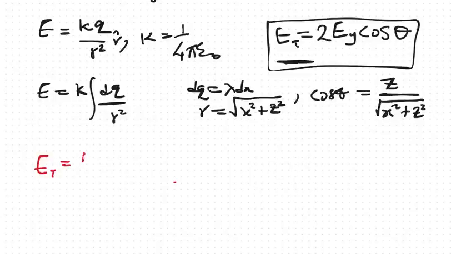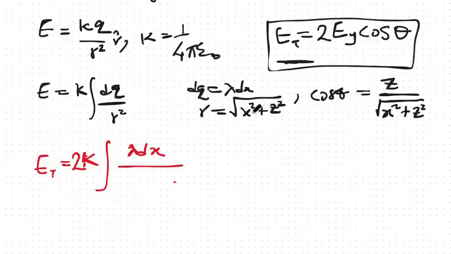E equals K integral, okay, there is a 2 here, not forgetting the 2, then E_y, which is the integral of the electric field, which is dq. Now dq is lambda dx, lambda dx divided by r squared.